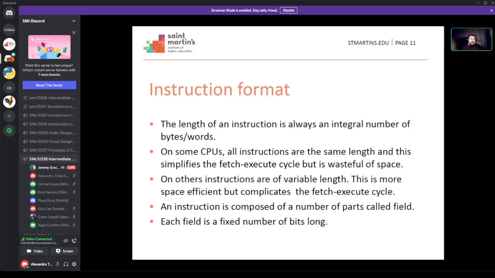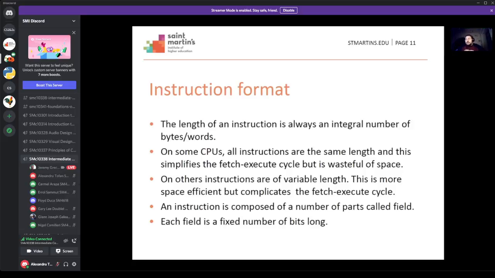Remember when we talked about words? Usually, when we talk about a 32-bit computer, we're talking about a 32-bit word. If we're talking about a 64-bit computer, we're talking about a 64-bit word. In the past, the older computers, we also had 8-bit machines, 16-bit machines, and so on and so forth. If you remember the Amigas, for example, those were 8-bit computers, and then they became 16-bit computers, and so on. So essentially, what they could handle was different sized words.